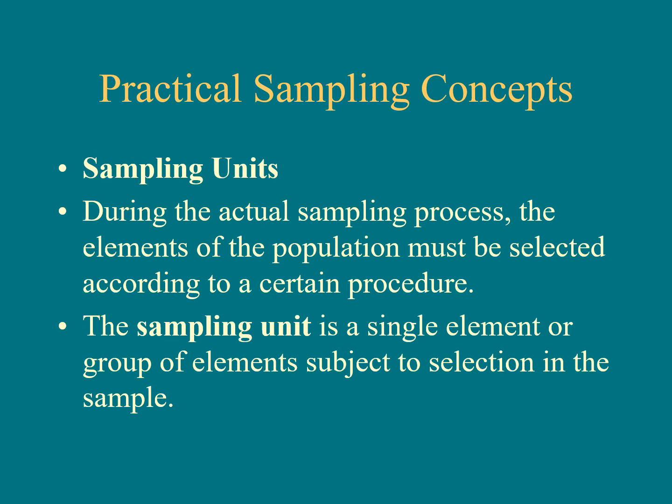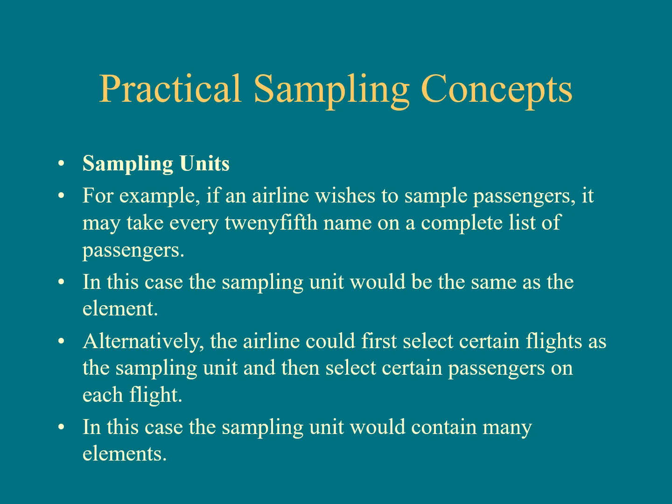Sampling units. During the actual sampling process, the elements of the population must be selected according to a certain procedure. The sampling unit is a single element or group of elements subject to selection in the sample. For example, if an airline wishes to sample passengers, it may take every 25th name on a complete list of the passengers.